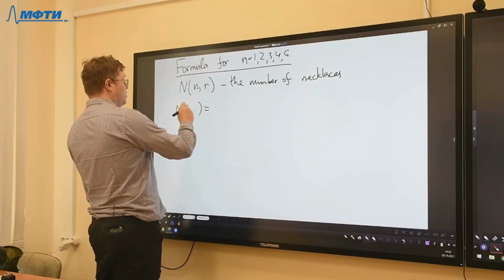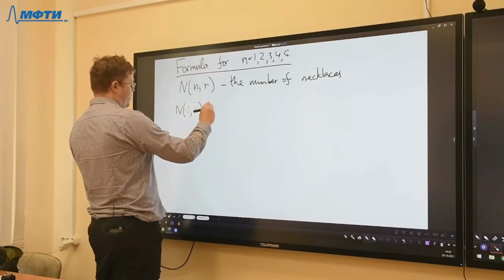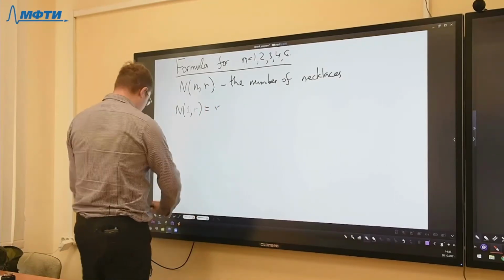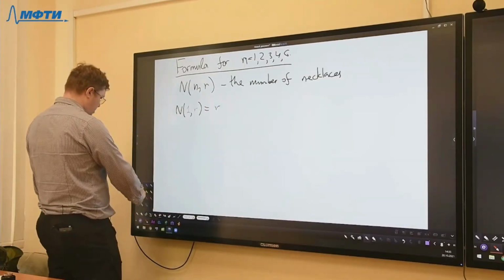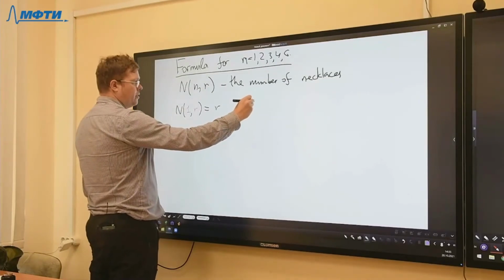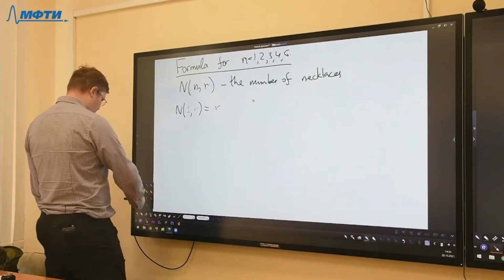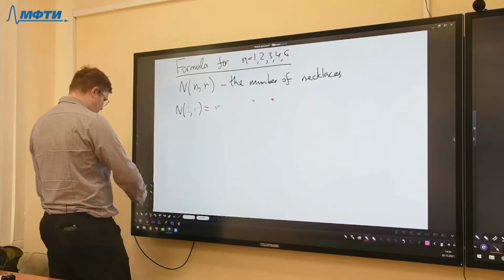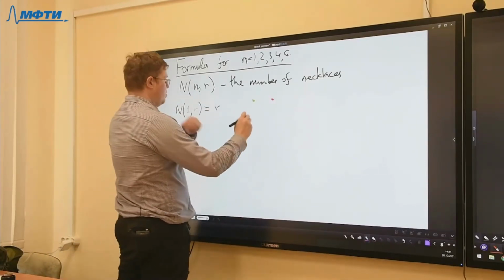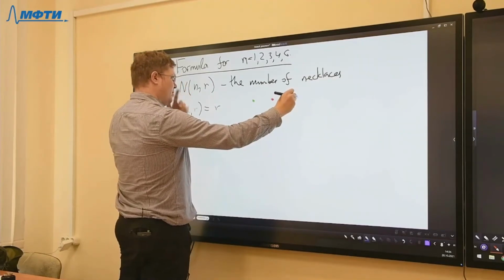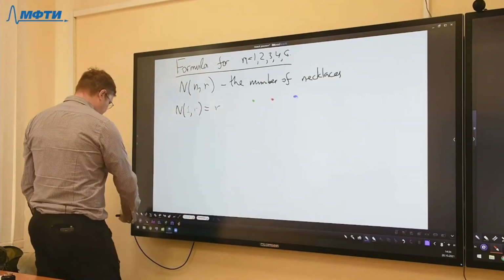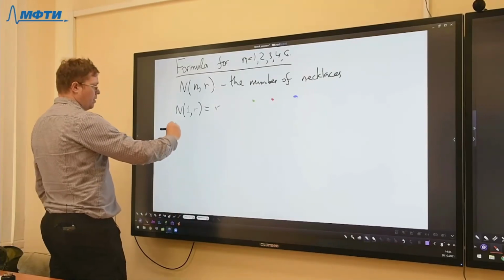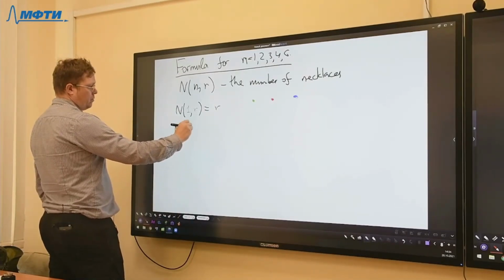For 1 and r, we have exactly r necklaces. So, for example, if we have 3 different colors, we have a green, a red, and a blue necklace. And let's calculate N of 2 and r.